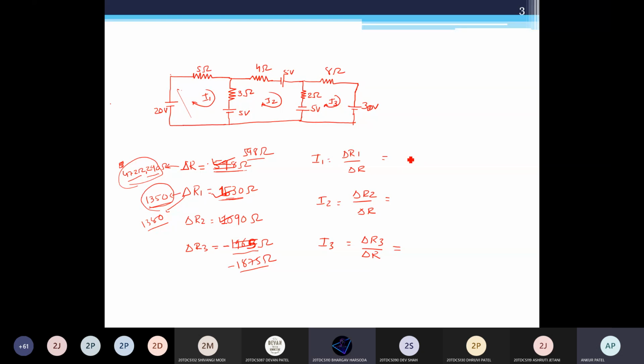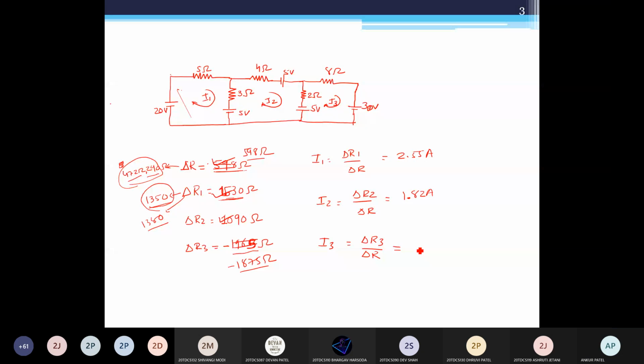So I1 equal to what? 2.55 or 2.56 ampere. I2 1.82 ampere.